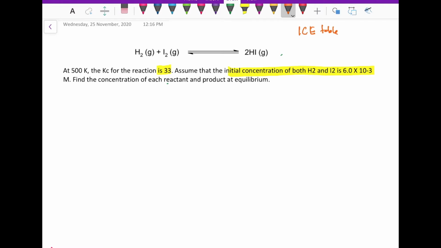So what does it mean by ICE table? It is a table where the first column is I for initial, C is the changes, and E is equilibrium. So first we need to tabulate a table. So we have hydrogen plus I2.